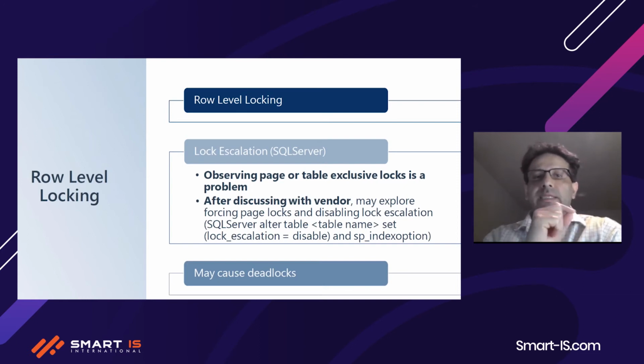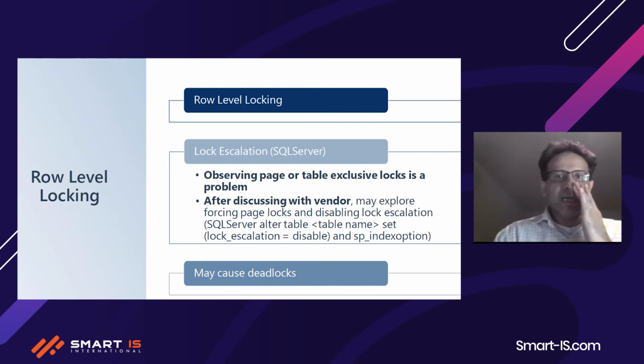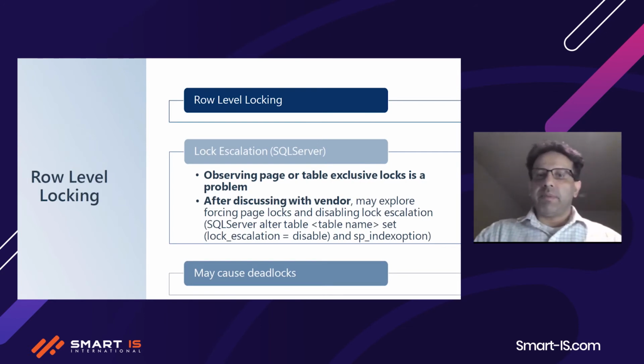Lock escalation means that SQL Server decides at some point it might change row level locks to page level locks. That escalation is totally arbitrary from the point of view of the application. Of course, it's making a decision based on whatever, but it has nothing to do with the use case in play. So you would be doing putaways in one area, and suddenly lock escalation could happen if SQL Server decides that its threshold is met. That can certainly happen, but that is there for a reason.